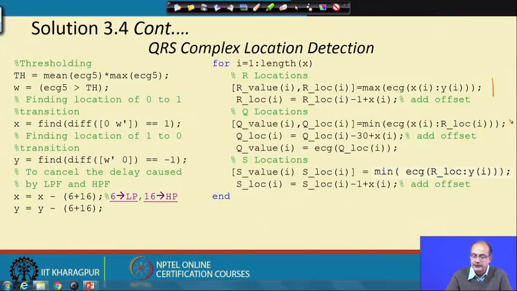So, we get the Q point. For the S location, we look in between R and y.